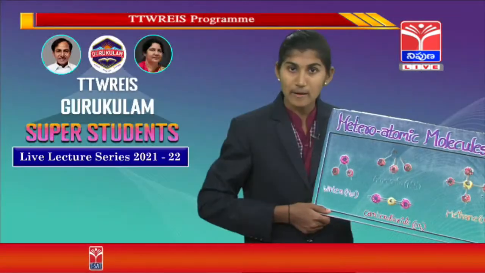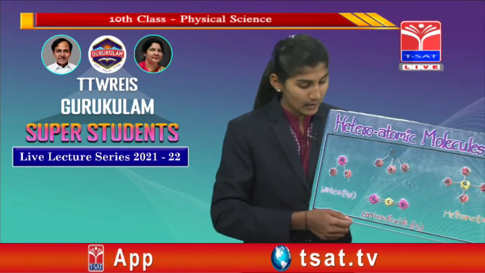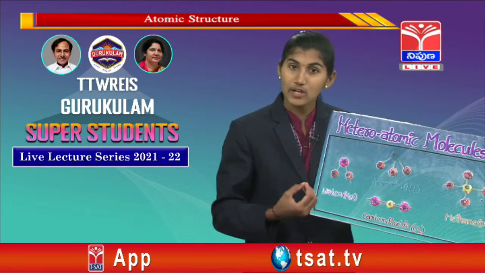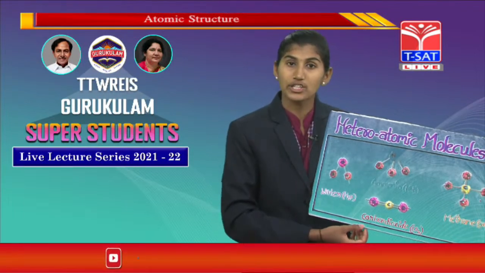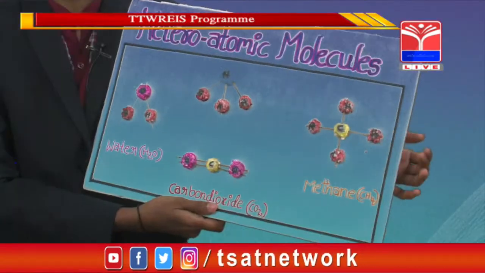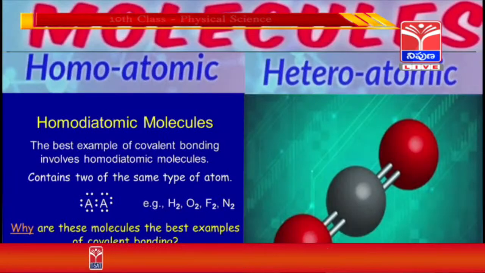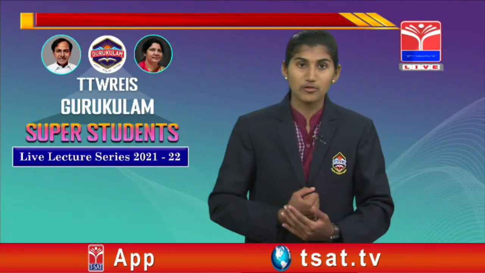This water is prepared by hydrogen and oxygen. Likewise, the carbon dioxide, the air which we exhale, is the combination of carbon and oxygen. So this is heteroatomic molecules. These are the two types of molecules which we see in our day-to-day lives and also which we use.